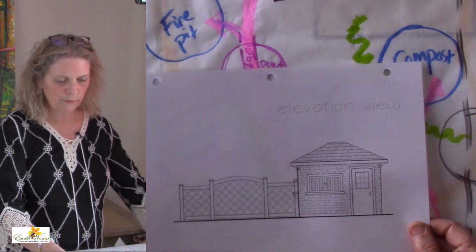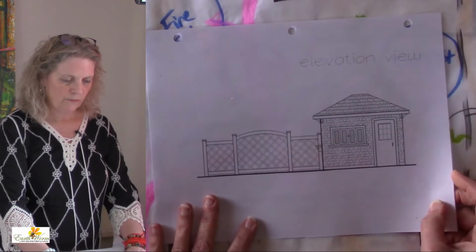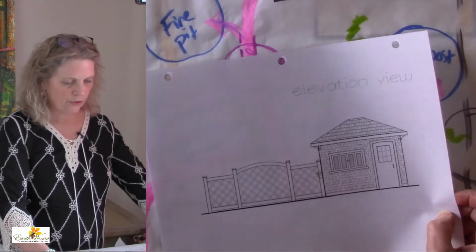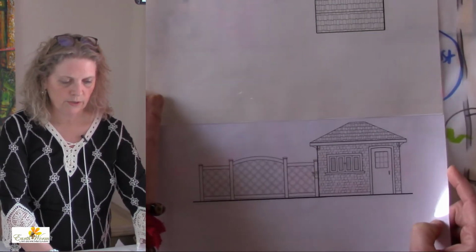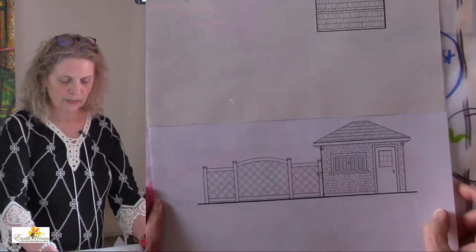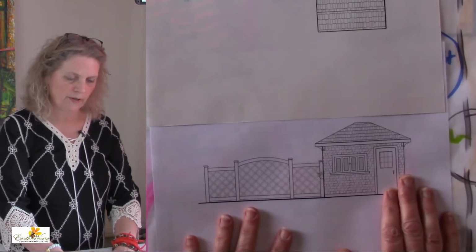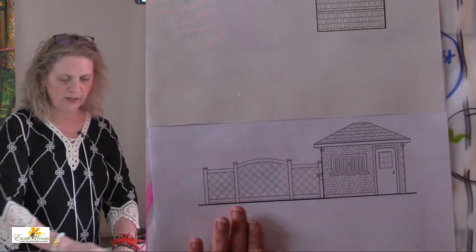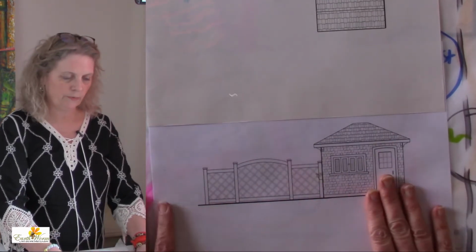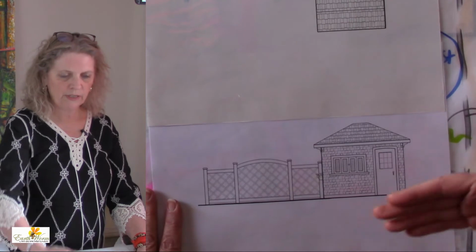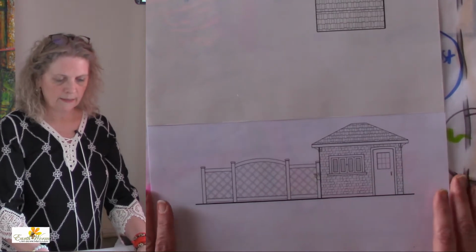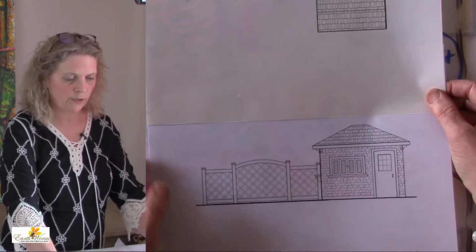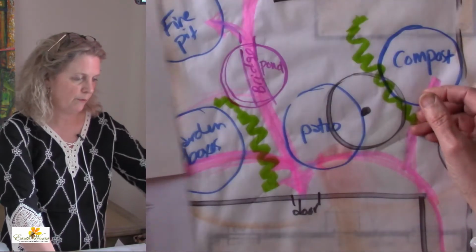And if we were to look at the same shed and fence from this other picture, you would see that, of course, it looks quite different from the front. So this gives us more of a perspective as a human being, as opposed to a bird looking over it, of how it's going to look from the front. So a room will definitely have some elevation to it that's going to give us a lot of different information.